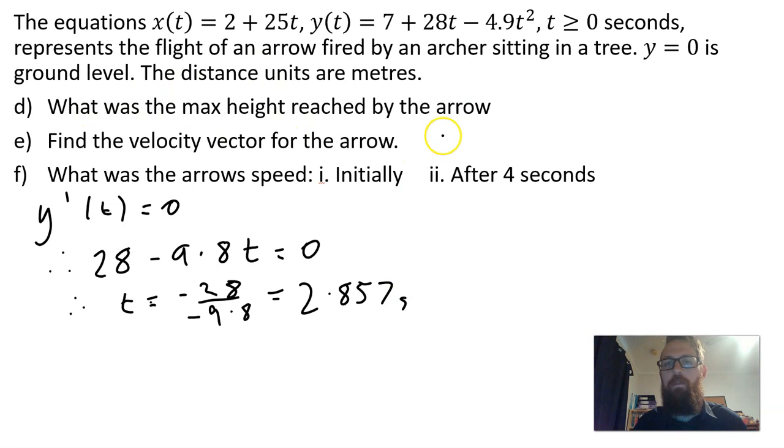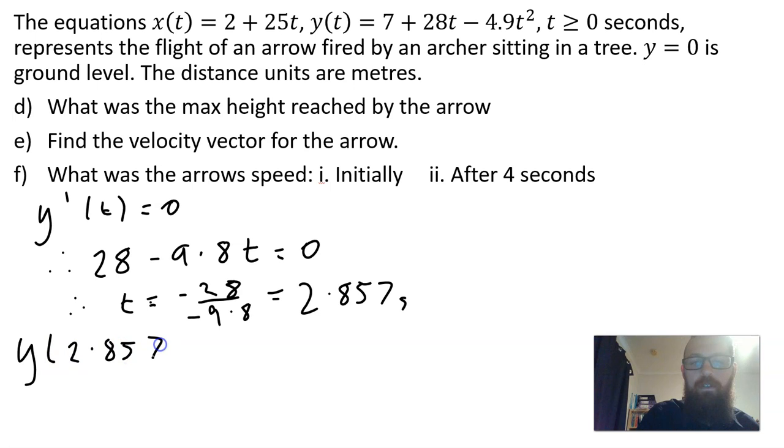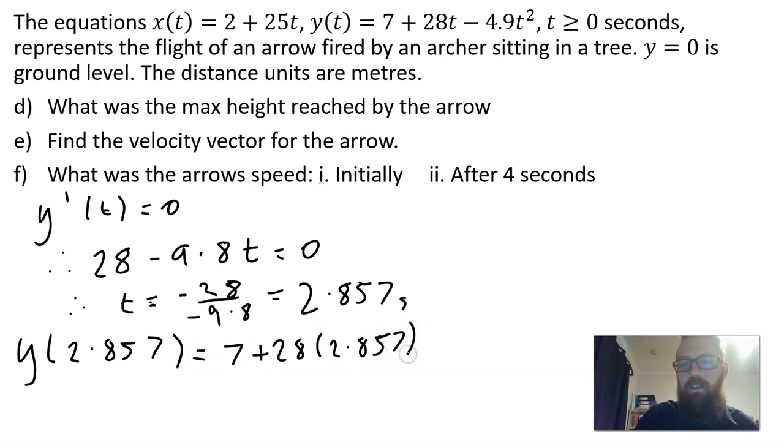Okay. Back to the original question though. So it said, what is the maximum height? So now we've got to take this and put it back into the equation for y. So y of 2.857 equals 7 plus 28 times 2.857 take 4.9 times 2.857 all squared.